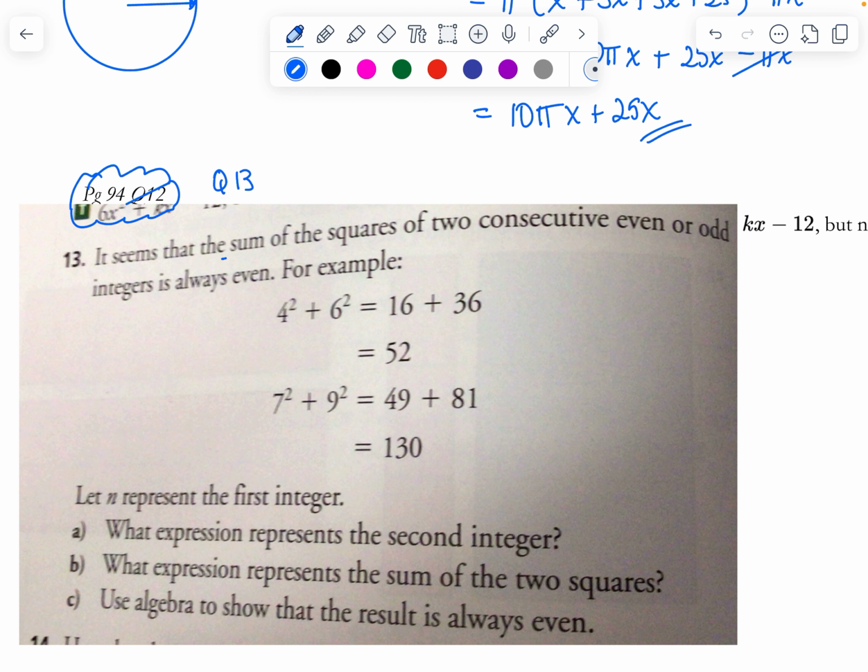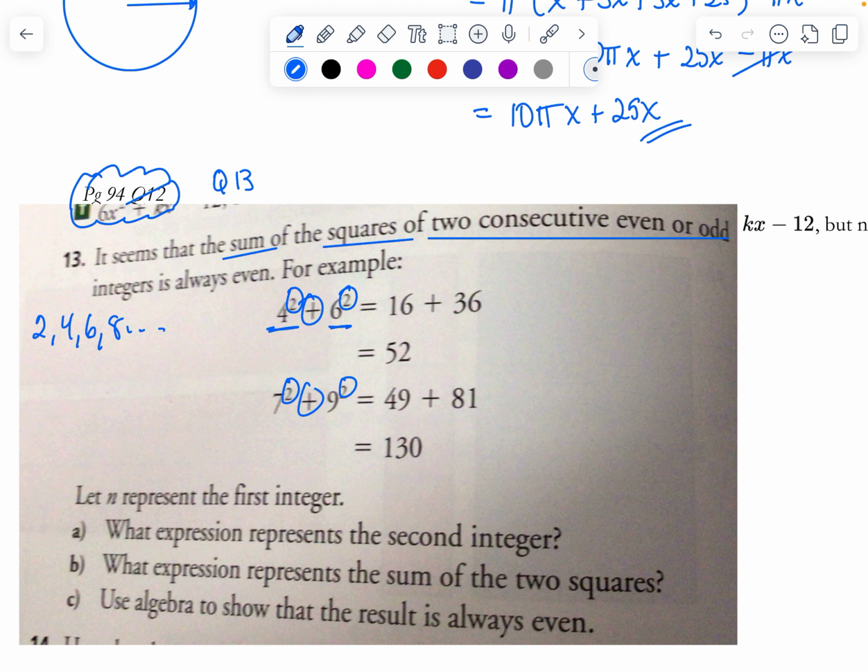It seems that the sum means add. The sum of the squares, or powers of 2, of 2 consecutive even or odd integers. Consecutive even integers would be 2, 4, 6, 8, and so on.